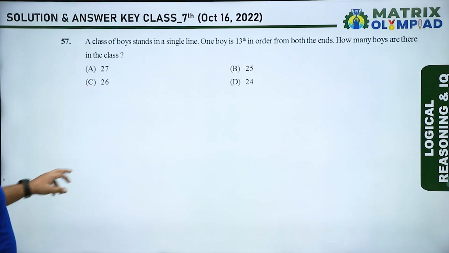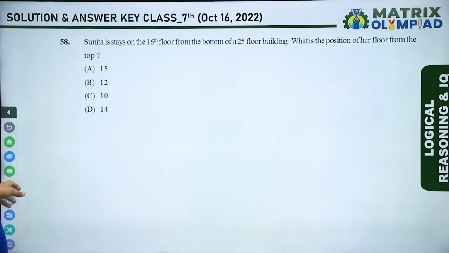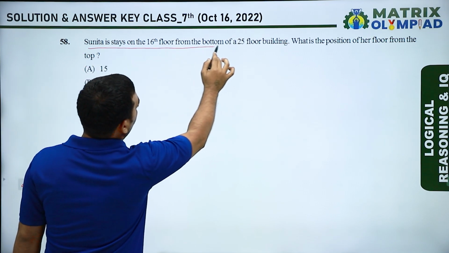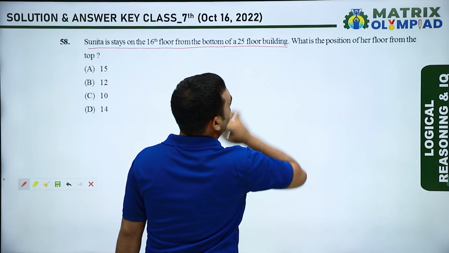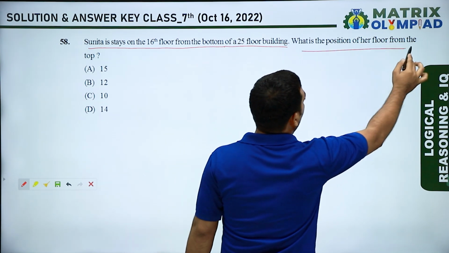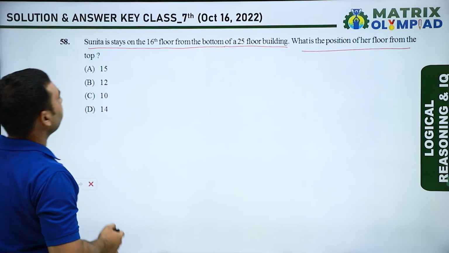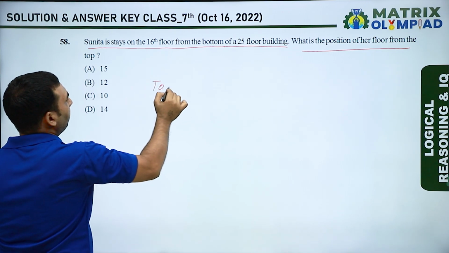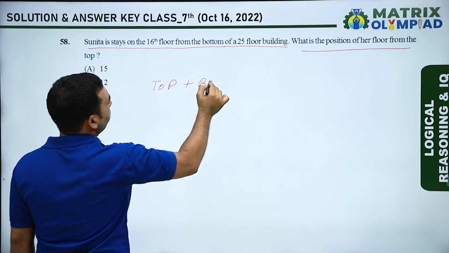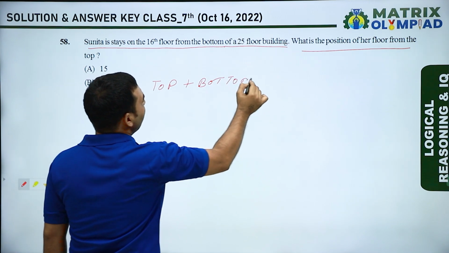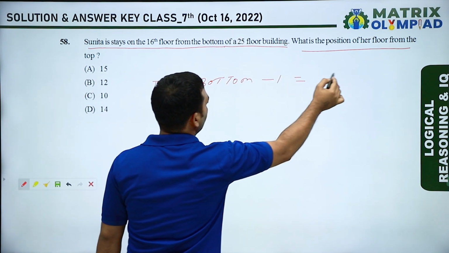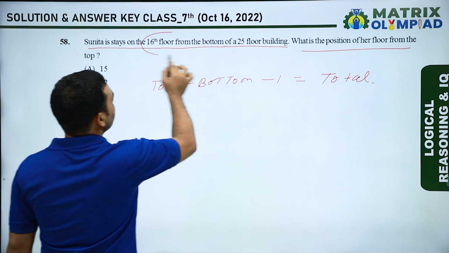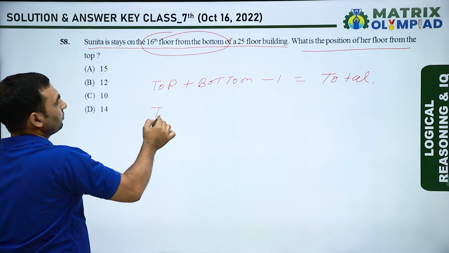Our next question is question number 58. Sunita is staying on the 16th floor from the bottom of a 25-floor building. What is the position of her floor from the top? As you know, top plus bottom minus 1 is equal to total. Sunita is 16th from the bottom.